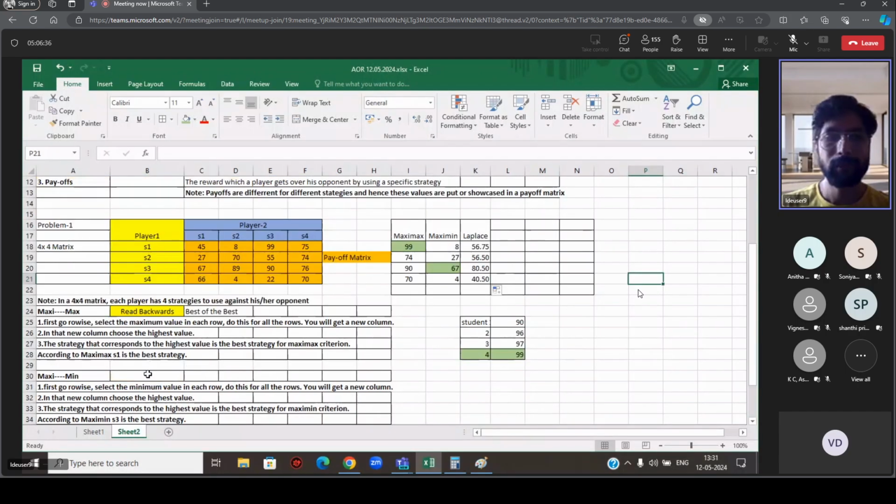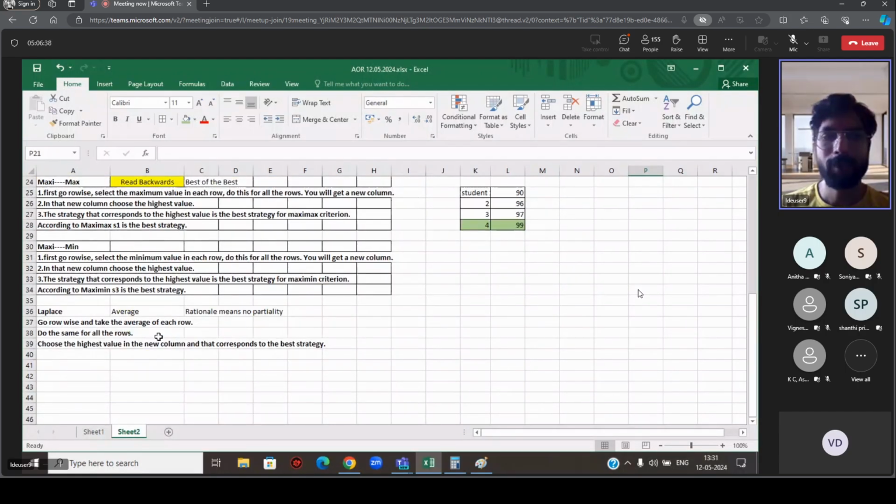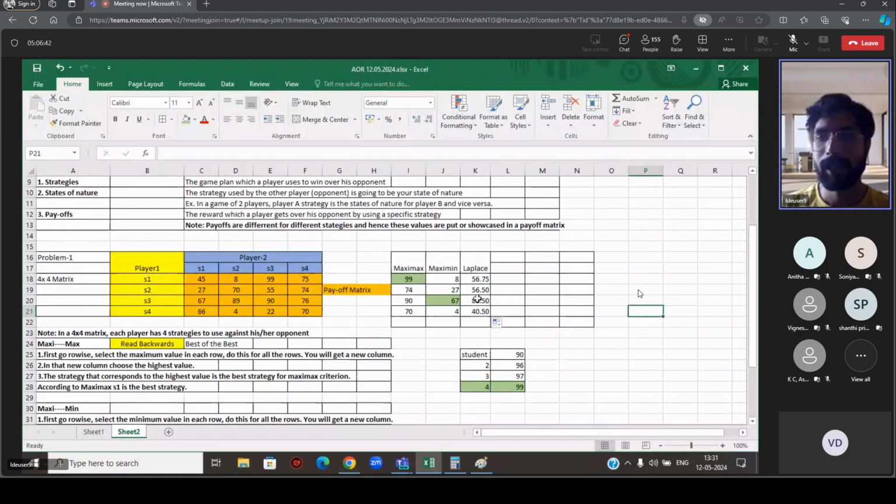Then do the same for all the rows. Choose the highest value in the new column. So in this, which is the highest? 80.50. That's the one with the highest average, corresponding to S3.